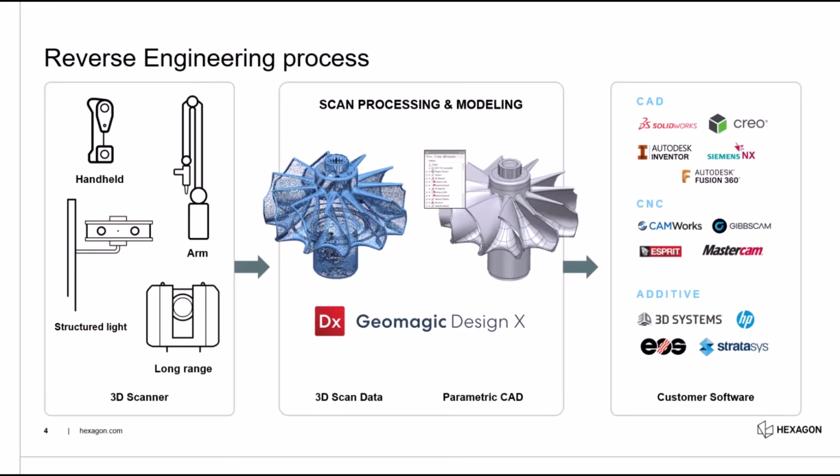And then DesignX is really a CAD platform that utilizes our own scan kernel that we have built from the ground up internally that allows us to handle all that scan data as native entities, bring that in, and process it in a way that we can extract model information from it, whether it's CAD model information. Sometimes people want to go straight over to additive, as you can see on the right-hand side.